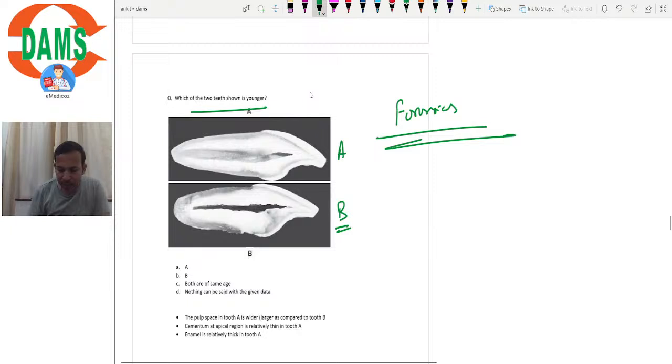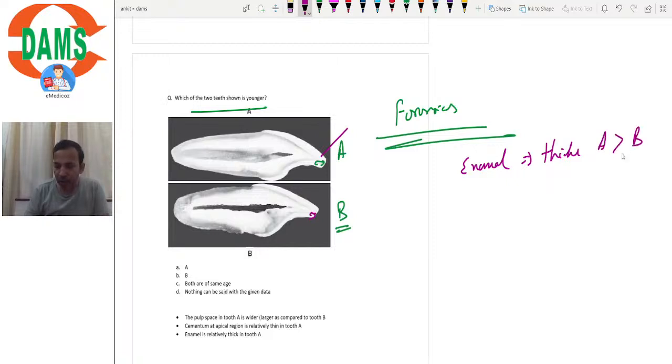So first of all, let's look at the thickness of the enamel. In the option A, the thickness is greater, right? Enamel is thicker more in A, right? Then let's take a look at the pulp.